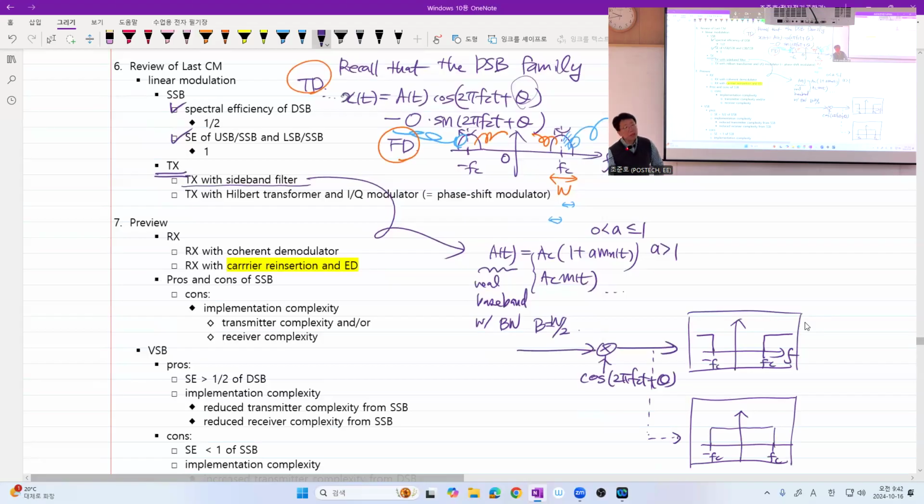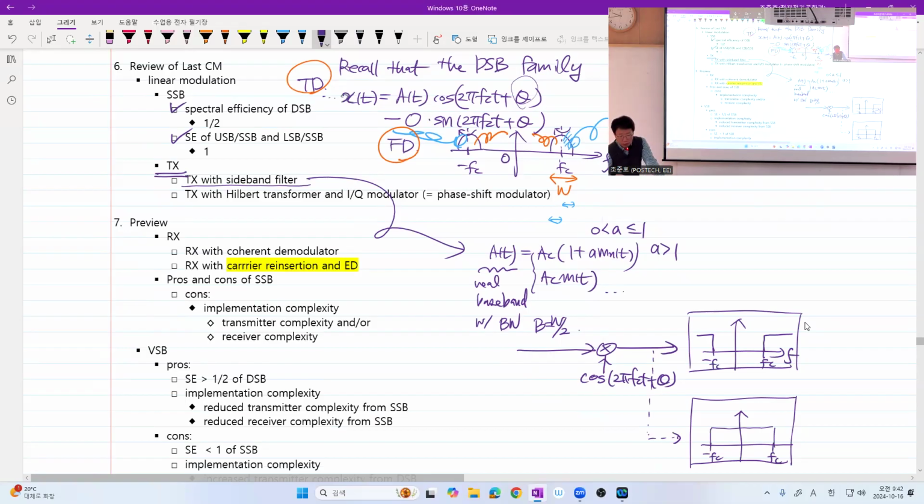Of course, you can build not only this high-pass filter or low-pass filter, you can build any band-pass filter if you want, as far as the target sidebands are in the passband. What is the problem of having this theoretical idea implemented?